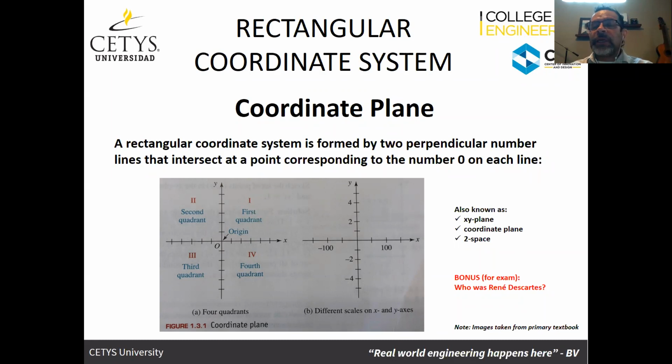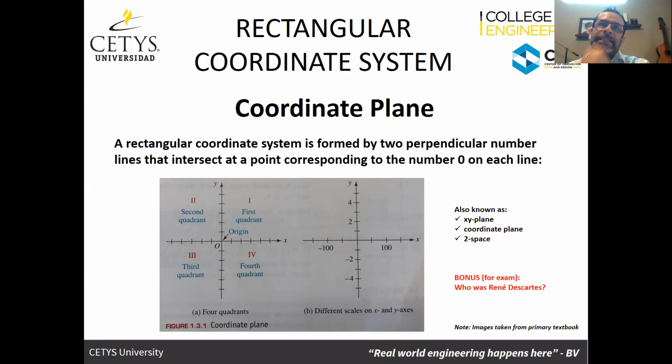Now I'm going to give you a bonus for the exam. I'm going to ask you to talk to me about René Descartes. René Descartes was the person that is attributed to the Cartesian plane.